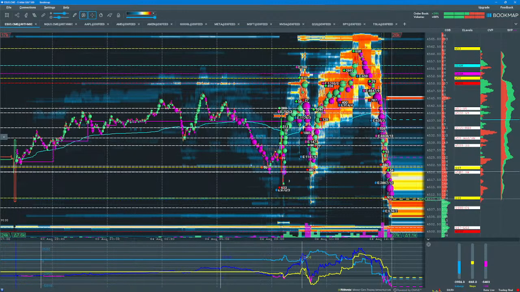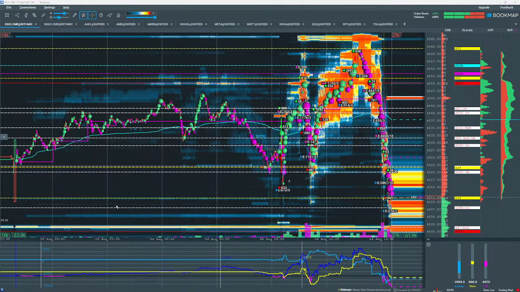So now the ES futures are trading below the open yesterday afternoon, and definitely below the 4,500 put wall. That level did not act as support as it did earlier today, when price opened just above the 4,500 level.